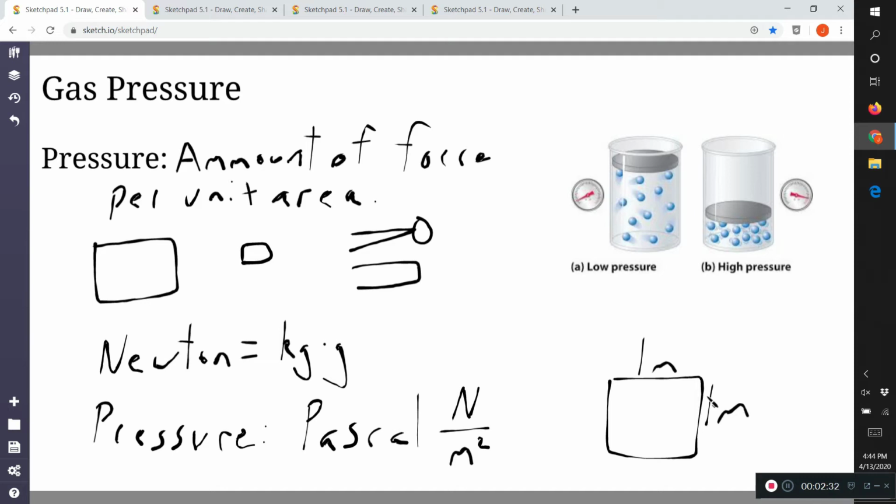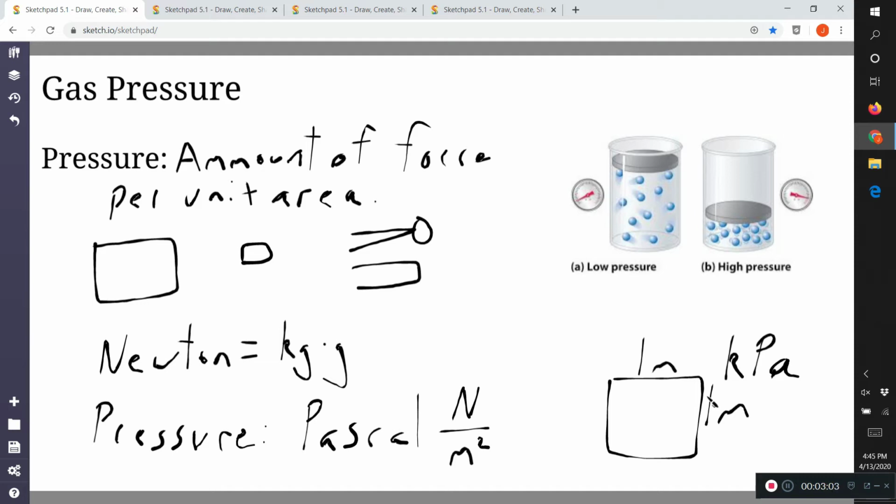In the English system, we say pounds per square foot or pounds per square inch, depending on our application. Now, oftentimes Pascal is too small of a unit, so we'll do the standard thing they do in the metric system, and occasionally we'll talk about kPa, which is a kilopascal, 1,000 pascals. And sometimes that's more useful to talk about. But that's pressure in a general sense.